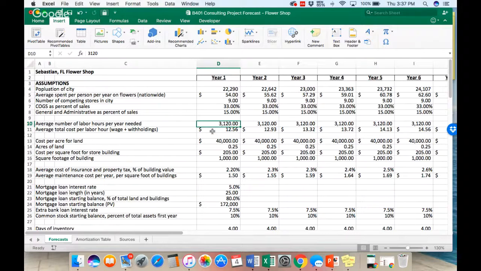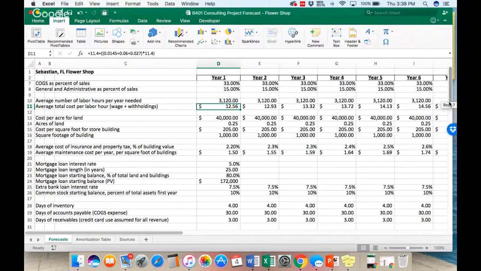And we also included the tax withholdings. In Florida, there is no state income tax, so we included the federal income tax rate and Social Security and Medicare in that total cost per hour number.